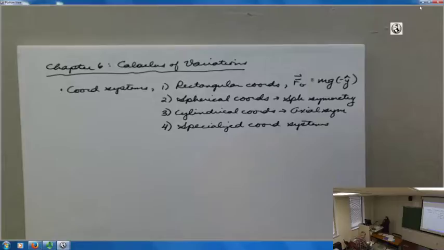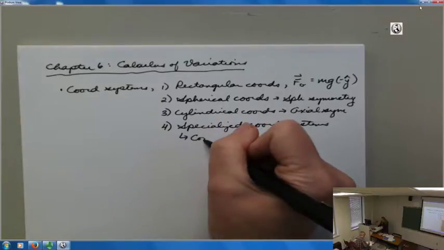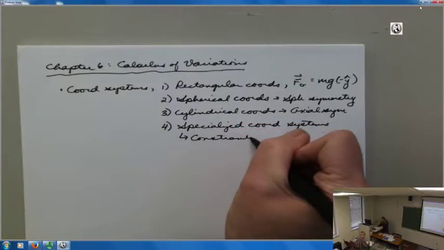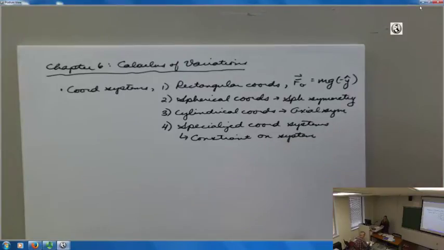A lot of times, these are most useful whenever we have something like a constraint on our system. So for instance, let's say that your object is moving along an inclined plane. You would say, okay, we make a coordinate system such that along the inclined plane is one axis. That would be the simplest example. Another example might be an Atwood's machine, where a displacement along the line of a string would be the useful coordinate.